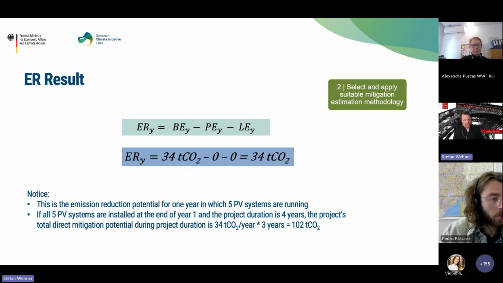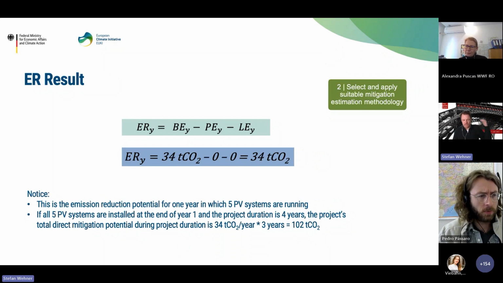That is obviously a very simple calculation, but it shows you hopefully the general approach that we have to look at the baseline emissions, the project emissions, potential leakage, and think about these 3 categories to determine the emission reduction.